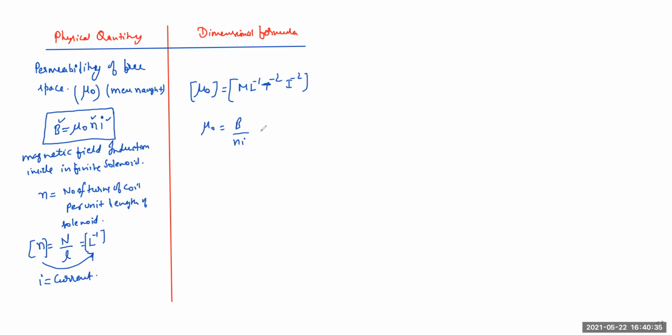And what was the B formula? B we did in the last class. M L0 T minus 2, I minus 2, I minus 1 actually. So this is I minus 1.